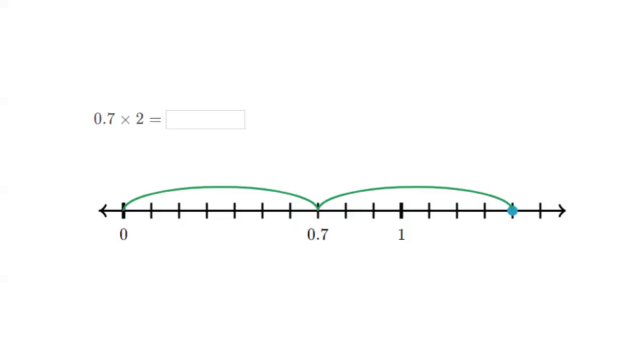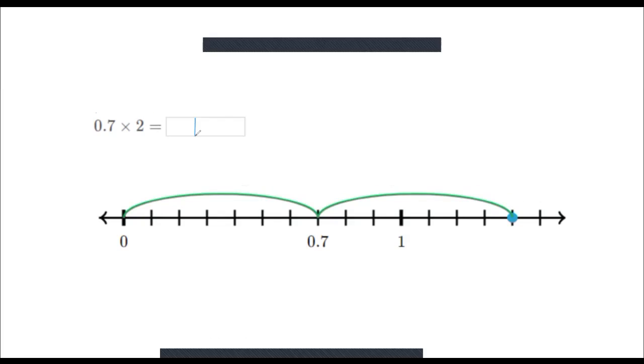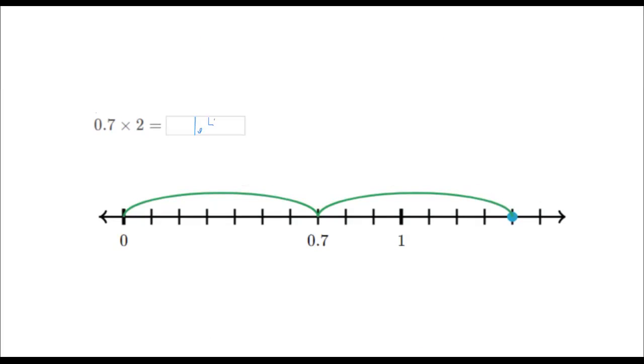And hopefully as you were doing that, you started to notice some patterns, which is 7/10 times 2 was 14/10, which we can also see a math fact there. We could see, oh, 7 times 2 is 14.